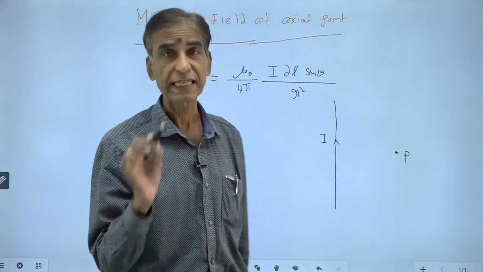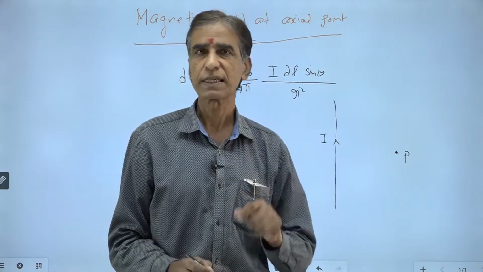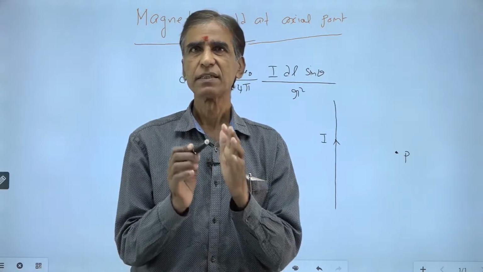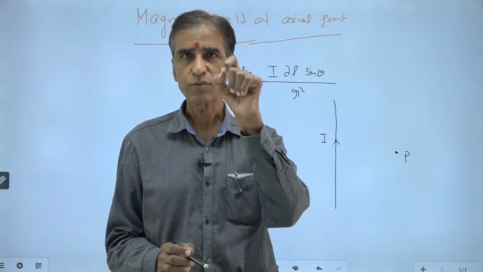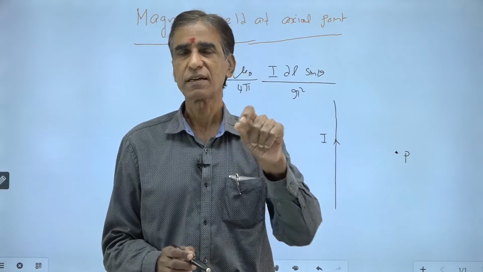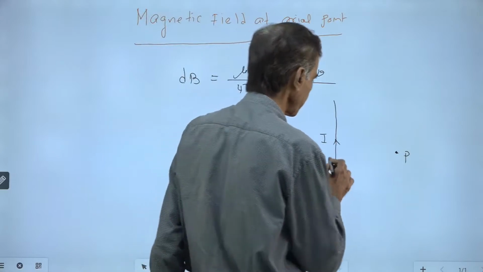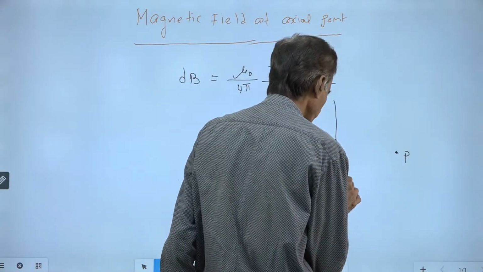First I have to select where is my origin. That is very important, because position vectors, these are all vectors, isn't it? So when you talk about vectors, first we have to select what is our reference point. We also call it the origin. Suppose for example, this is my current element here. So this is my origin.